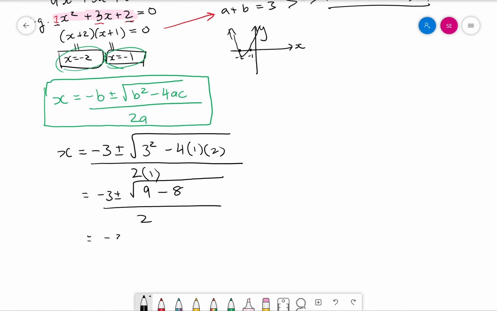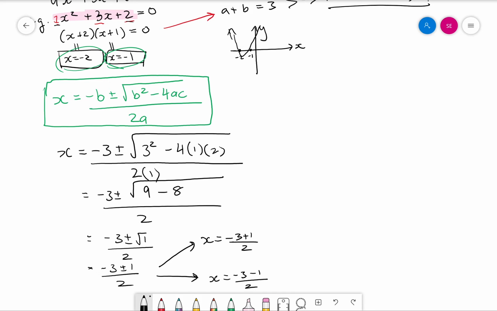So minus 8, and that'll give us minus 3 plus or minus the square root of 1, over 2, which is minus 3 plus or minus 1 over 2. So there are two scenarios: x is equal to minus 3 plus 1 on 2, and x is equal to minus 3 minus 1 on 2, because we have a plus and minus here.